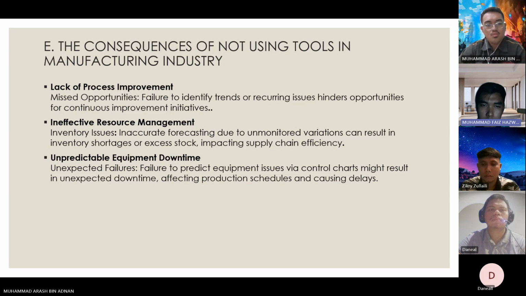Inventory issues: inaccurate forecasting due to unmonitored variation can result in inventory shortage or excess stock, impacting supply chain efficiency. Third, unpredictable equipment downtime. Unexpected failure: failure to predict equipment issues via control charts might result in unexpected downtime, affecting production schedules and causing delays.